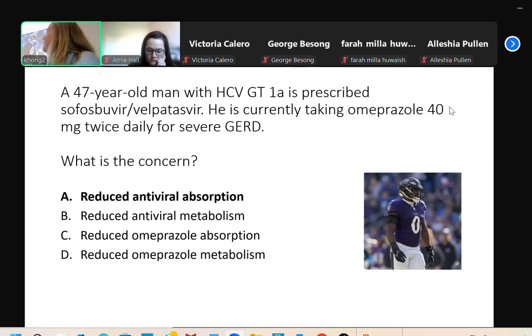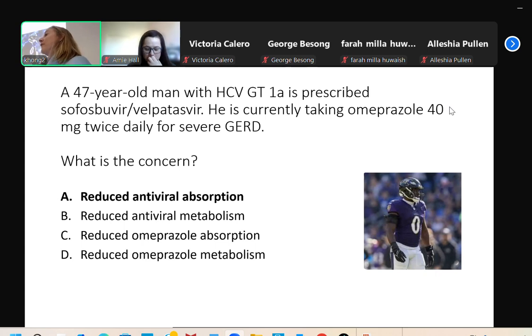Ledipasvir and velpatasvir, those are the 2 direct acting antivirals that require an acidic environment for absorption. So they're often contraindicated in patients taking PPIs.